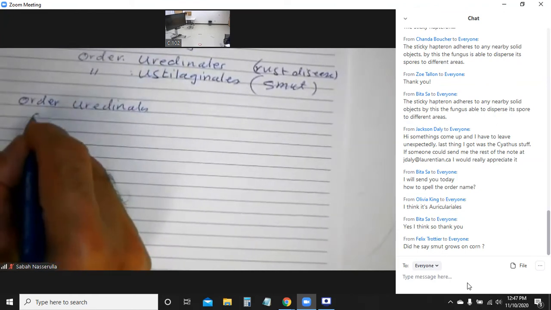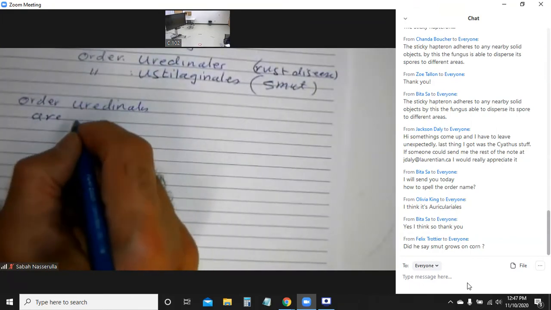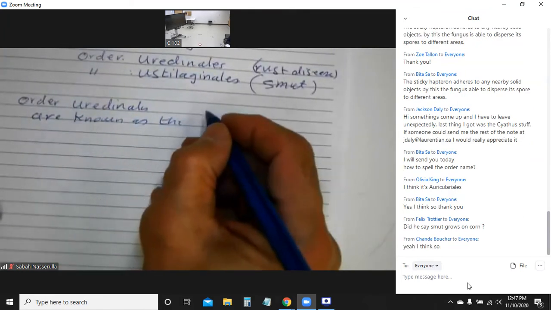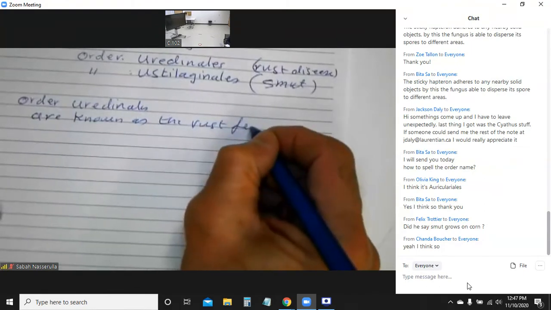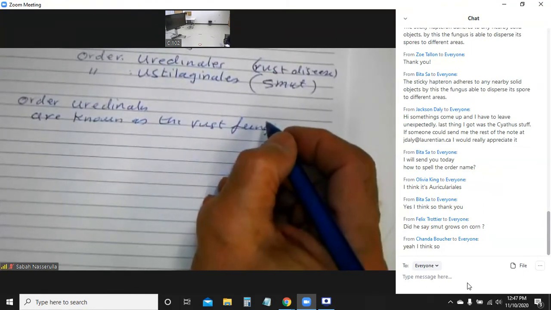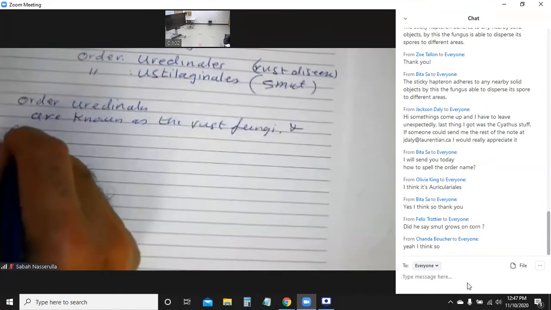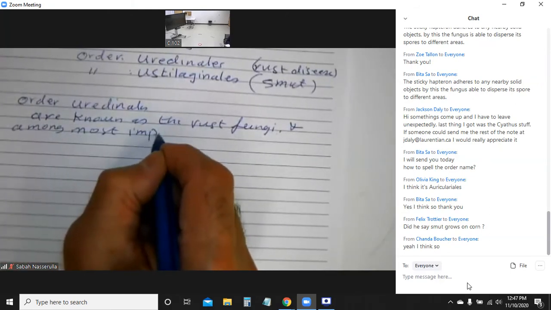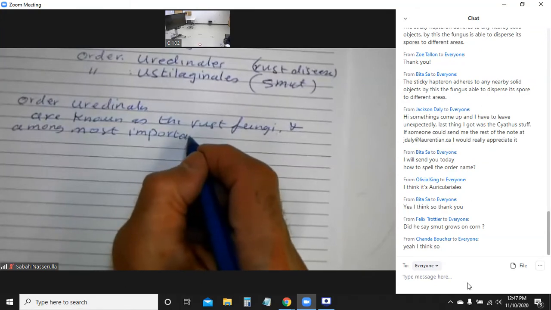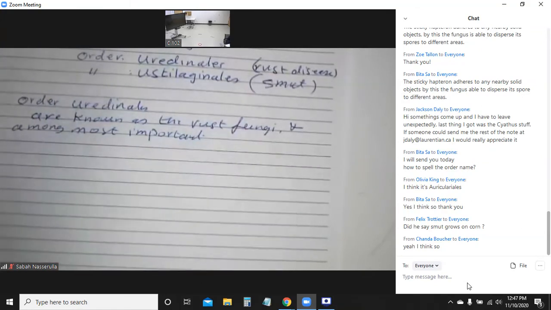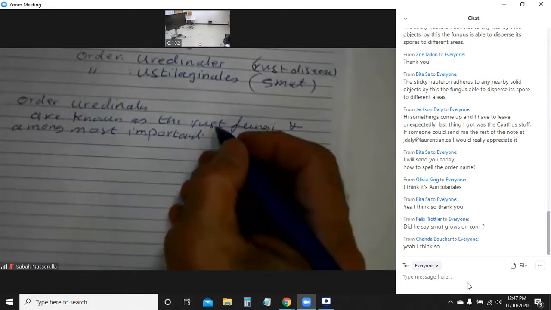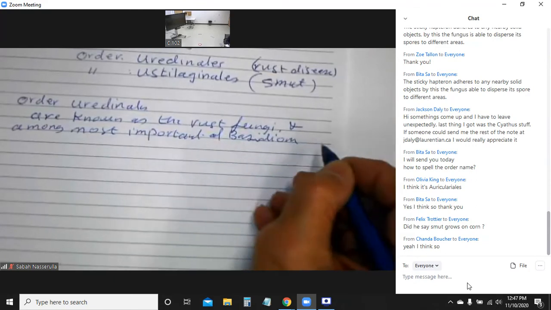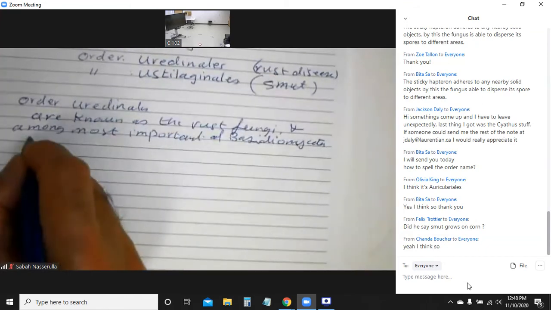Now, these are known as the rust fungi, and among the most important of the Basidiomycetes economically because of the disease they cause.